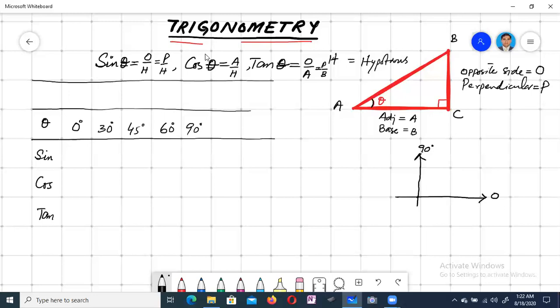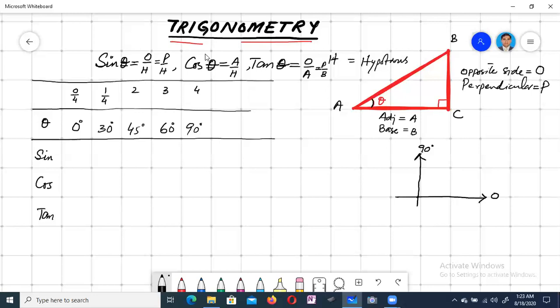To find value of sine, cos and tan, we will do only 3 steps. The first step is, from 0 to 90 degree, we will write counting from 0 to 4: 0, 1, 2, 3 and 4. This is the first step. The second step is throughout divided by 4.